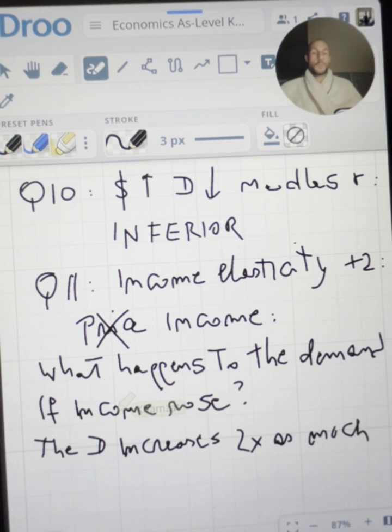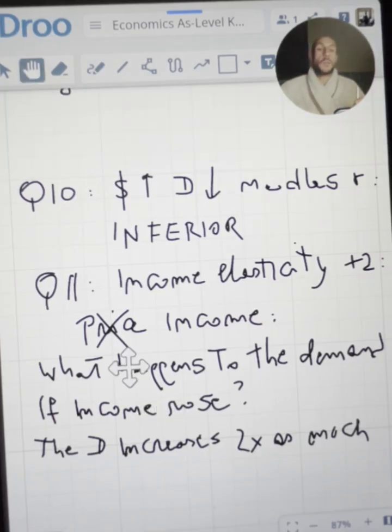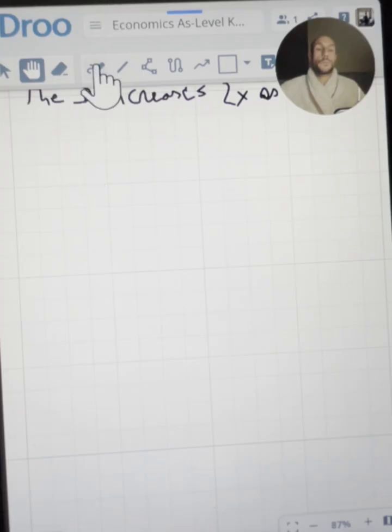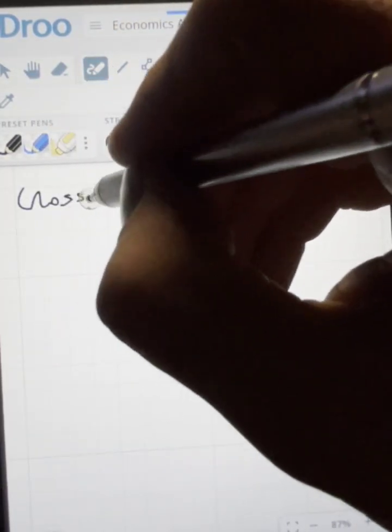Just for the record, the cross price is: price of good one is going up, what happens to the demand of the second good? Let me write it here.